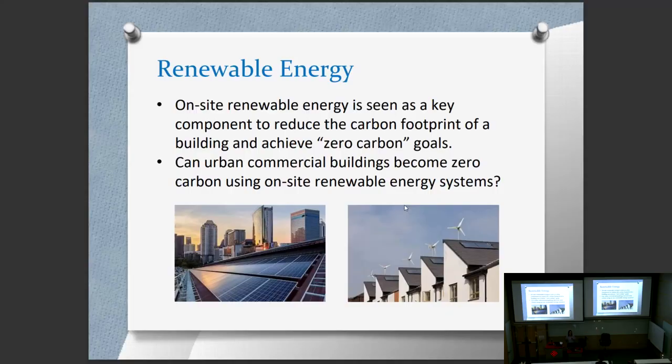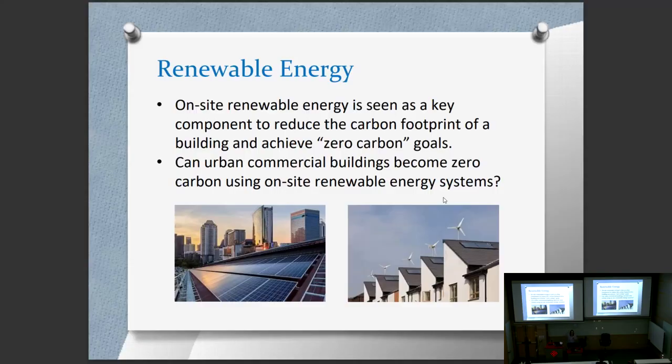So how to achieve zero carbon building? We need to rely on the renewable energy, maybe on-site or off-site renewable energy. And can urban commercial buildings become zero carbon by using on-site renewable energy system?